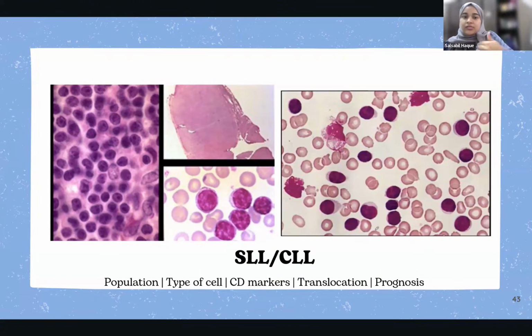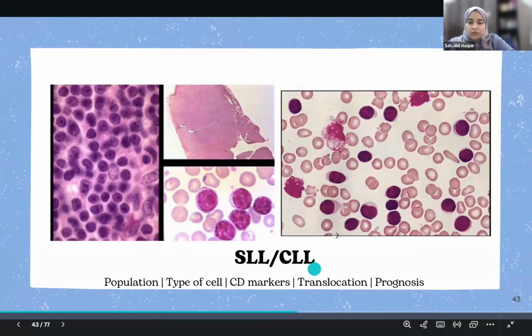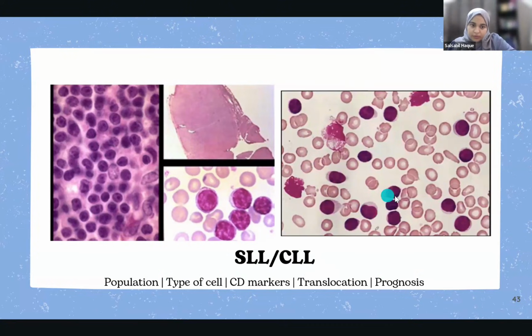So CD5 is almost very specific. You only see it in SLL and one other disease we're going to talk about. Very important. And B cell markers as well, because these are mature B lymphocytes. No translocation. Prognosis is slow growing, and I believe it's a fair prognosis.